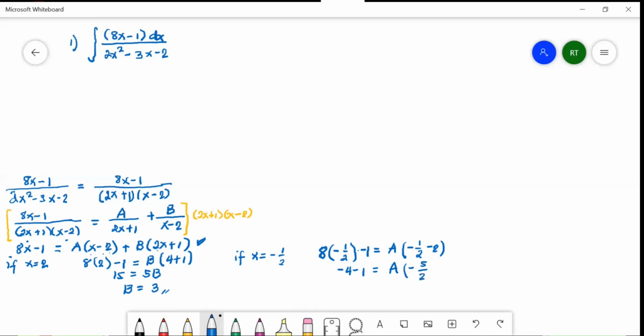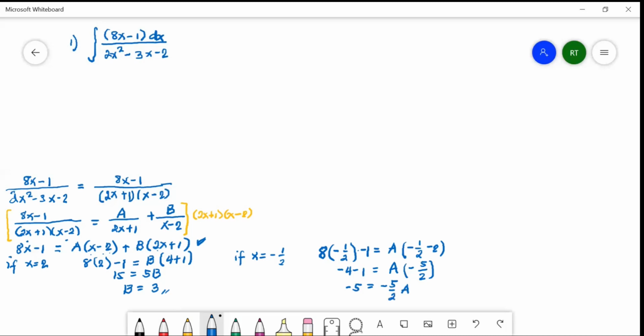If we simplify or combine negative 1 half and minus 2, okay, the common denominator is 2, so that gives us negative 1, negative 4, which is equal to negative 5. So the left member is negative 5, okay, and this is equal to negative 5 over 2 times a.